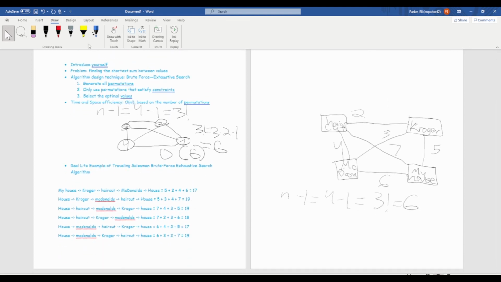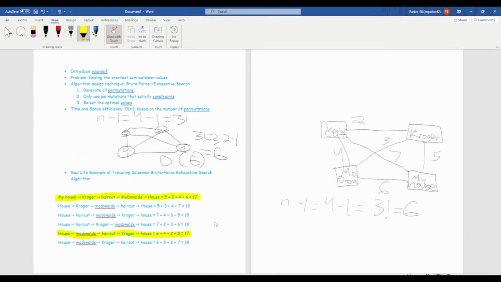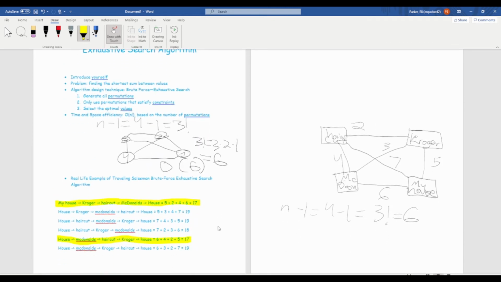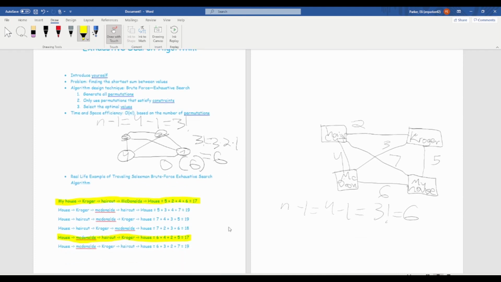And then we would take the two paths that are the shortest, at 17 total miles. And that is the entire point of the traveling salesman brute force exhaustive search algorithm. Thank you.